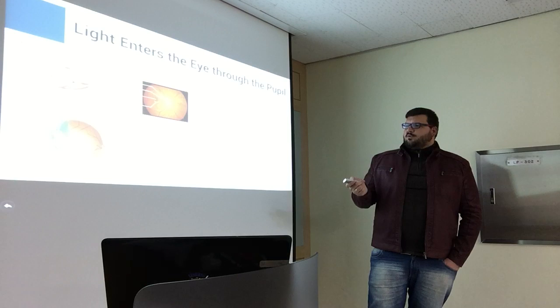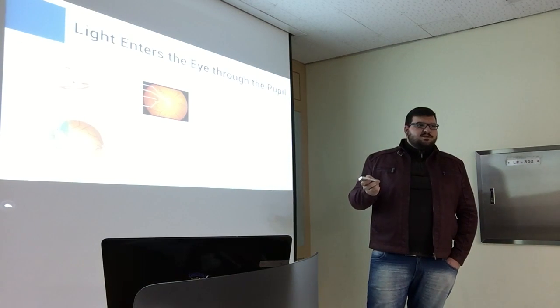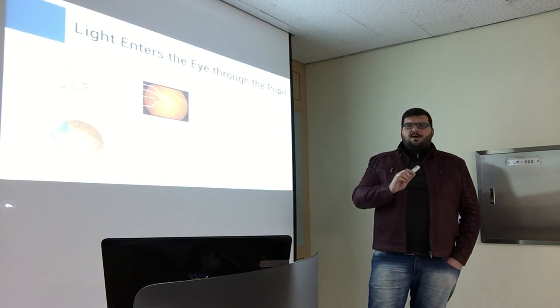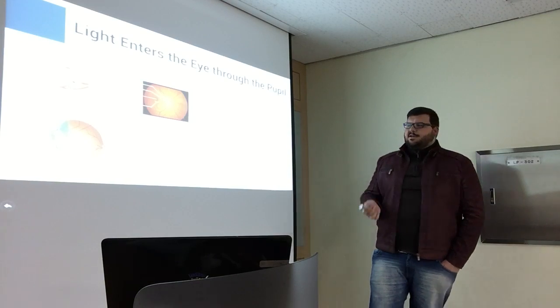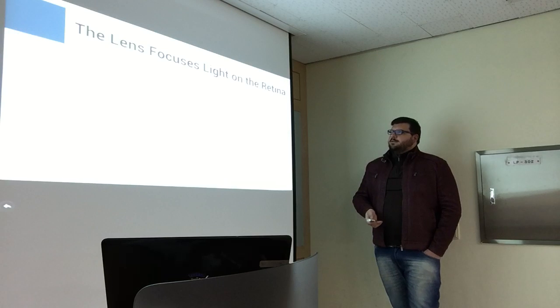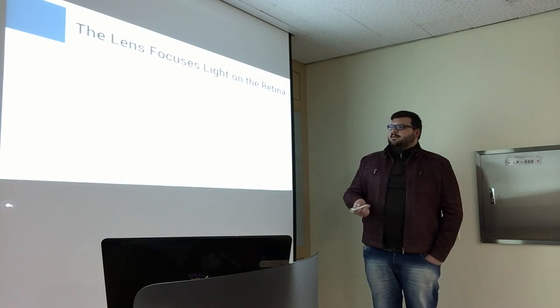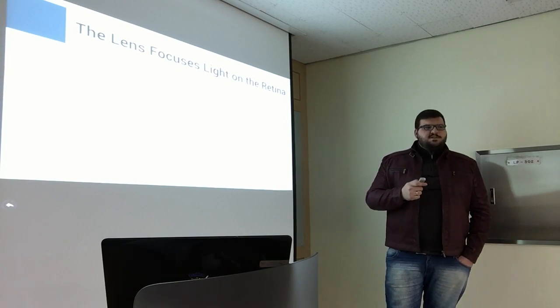The lens is moved by the ciliary muscles because they need to focus the light, so they reshape the lens. So why does the eye need to focus the light?